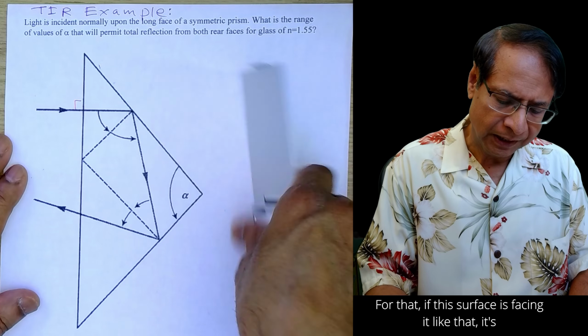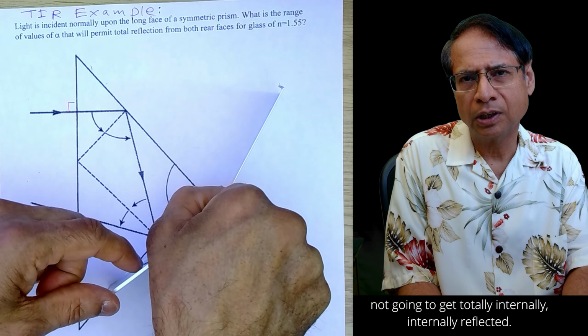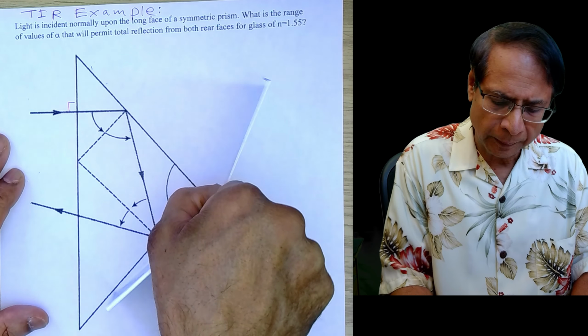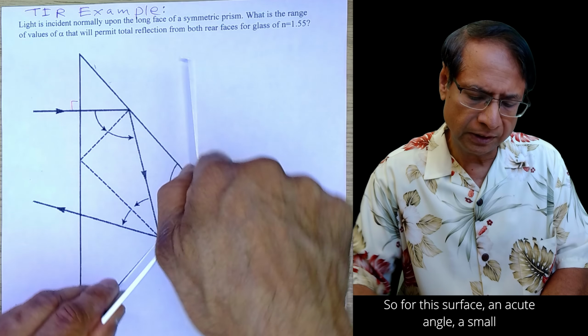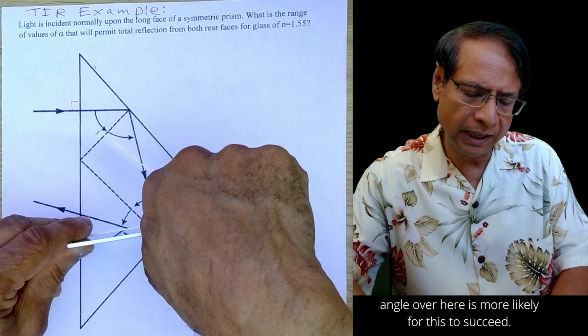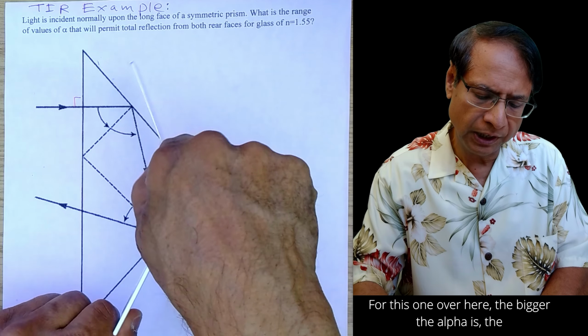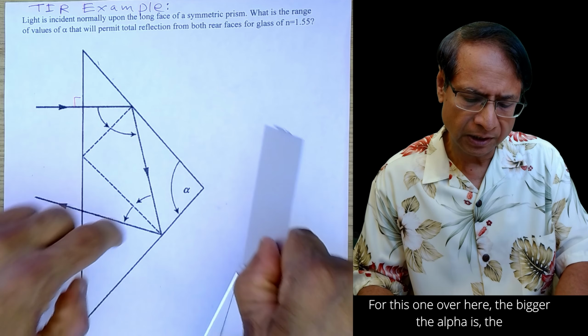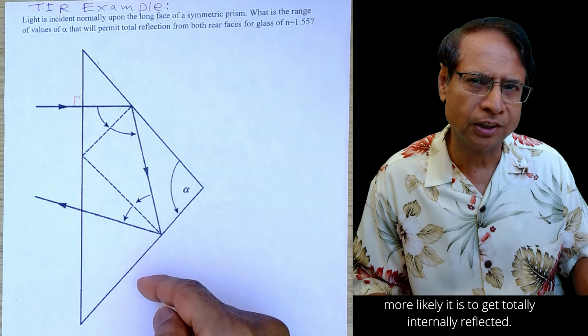If this surface is facing it like that, it's not going to get totally internally reflected. You want this to be blunt like that. So for this surface, an acute, small angle over here is more likely to succeed. For this one over here, the bigger the alpha is, the more likely it is to get totally internally reflected.